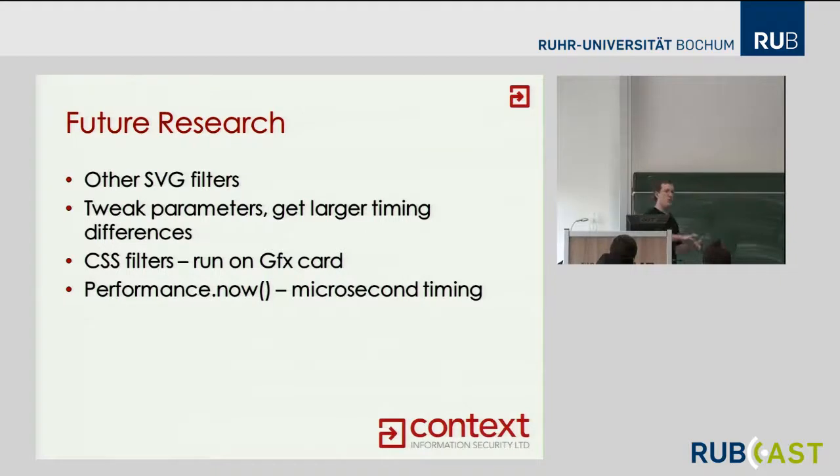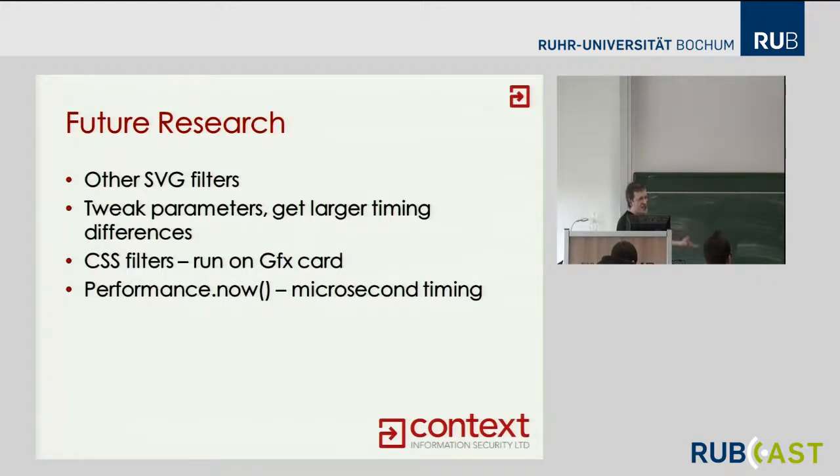For a timing attack, you want the negative case, the black pixels, to be as quick to render as possible, as close to 0 milliseconds as possible, and then you want the white pixels to be just enough more, maybe 10 milliseconds. If you can get those values down, it will make the attack faster. At the moment, the timings are about 50 milliseconds, 80 milliseconds, which makes things a bit slower. So there are parameters to tweak.